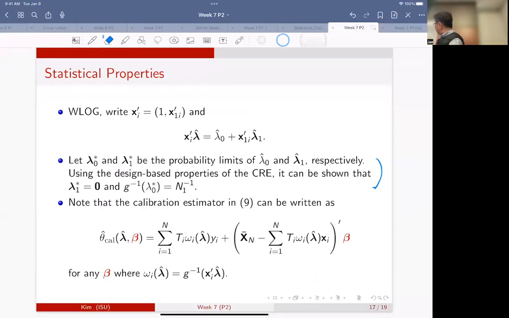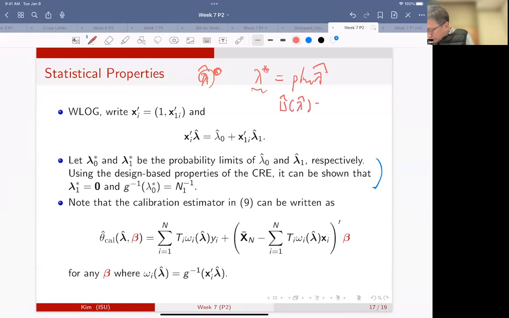First thing is to figure out what the limit of lambda hat is. Let lambda star be the probability limit of lambda hat. What is the limit? The idea is that we know u hat at lambda hat is 0.